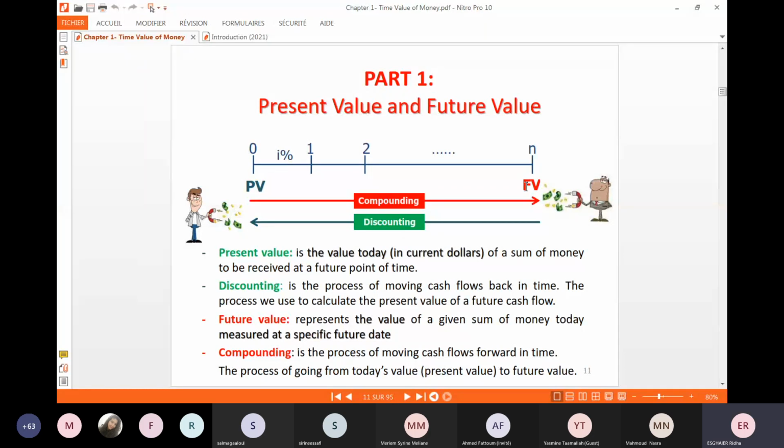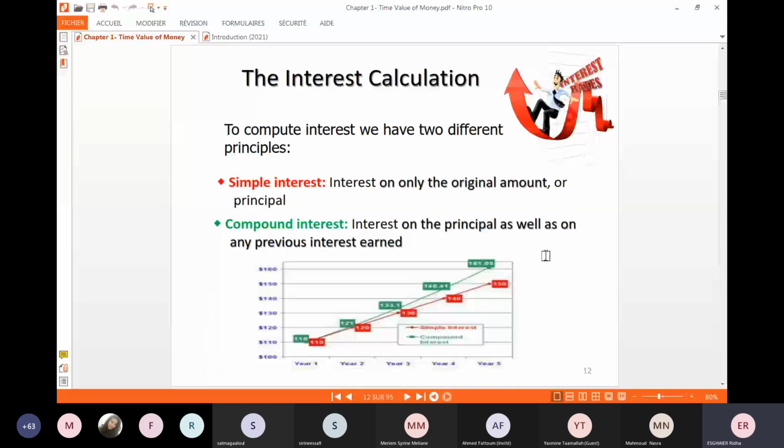To be able to compute the present value or the future value, as we said, we need the interest rate. And this interest rate will constitute for us the discount rate that we will use to pass from the future to the present.